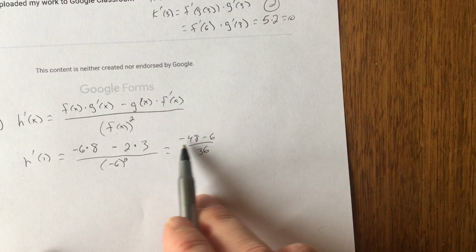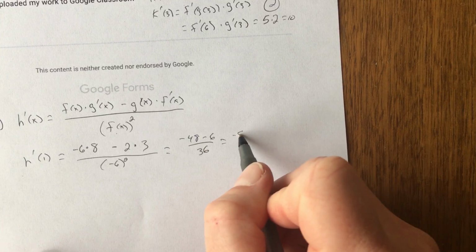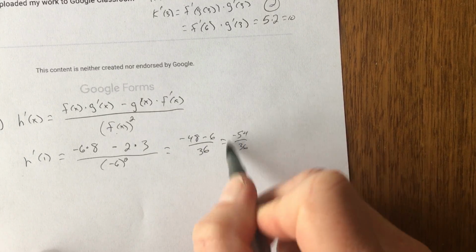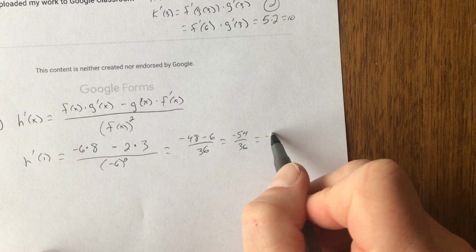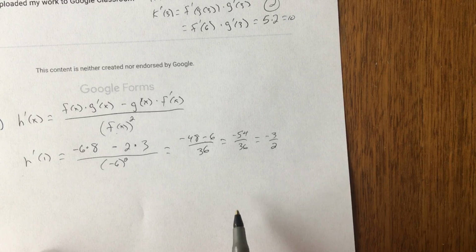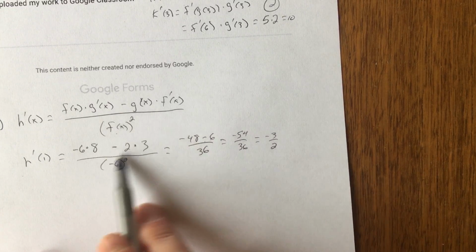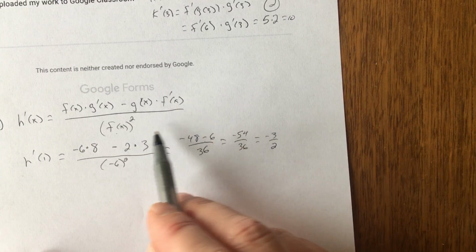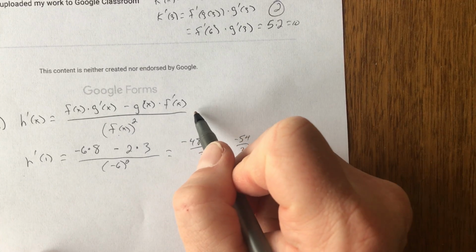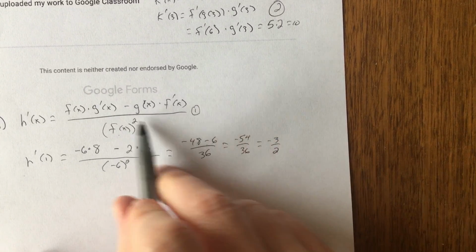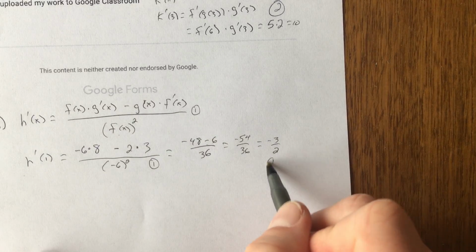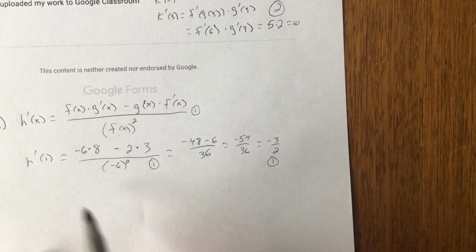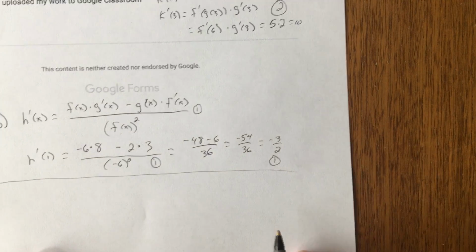And then I get negative 54 over 36. That would be fine, but it ends up simplifying all the way to negative 3/2. The expression for h prime of 1 was worth 2 points. My guess is 1 point for the quotient rule, 1 point for plugging in the values correctly, and 1 point for having the right answer. So 3 points for that one.